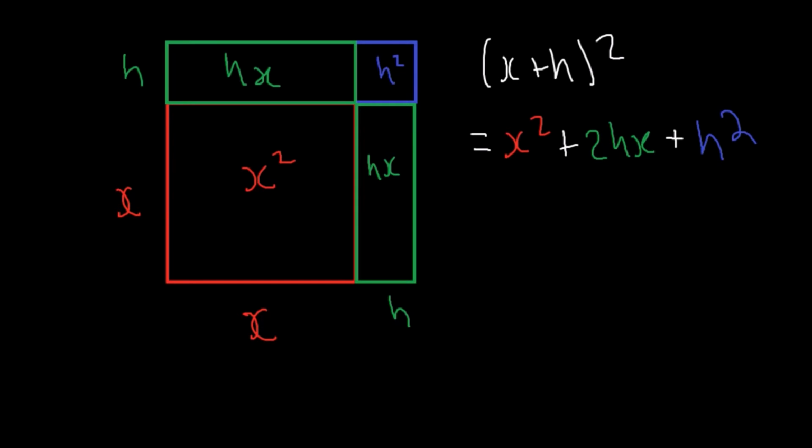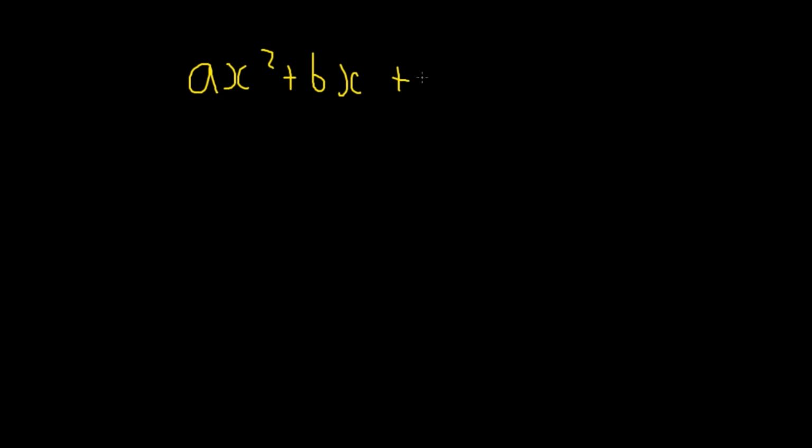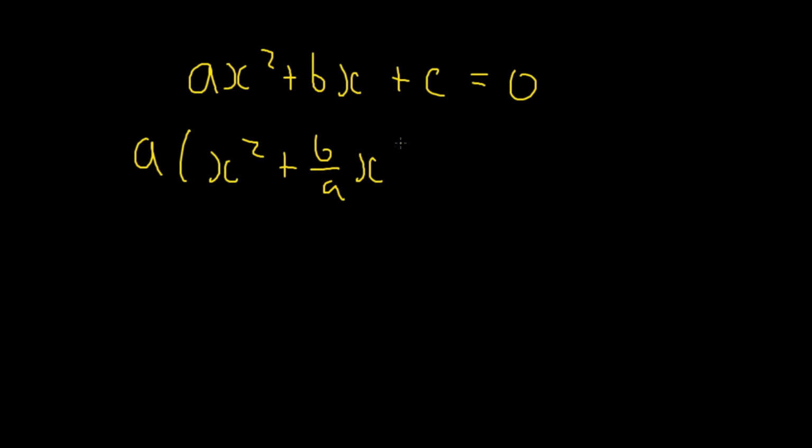If we had the quadratic ax squared plus bx plus c, then we could factor out the a term for the first two terms to get a times x squared plus b over a x, plus c. Now, we just have to add a term inside so that all of the x terms can be under one square as given by the previous result.